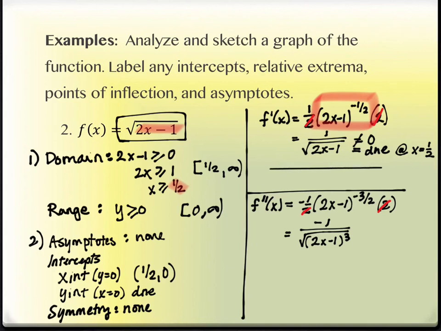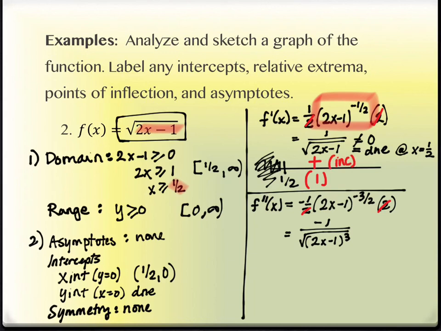The reason is because there's only one value on it, the value of 1/2. I can't use any of these values over here because that's not in my domain. I only have one location to test, that is values bigger than 1/2. So we might as well test the value of 1. And if I put the value of 1 in, of course I end up getting a positive number, right? So the graph is increasing.